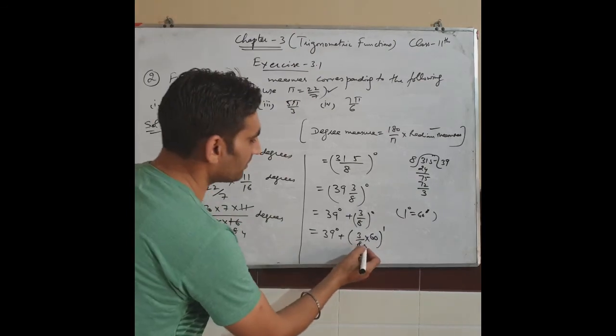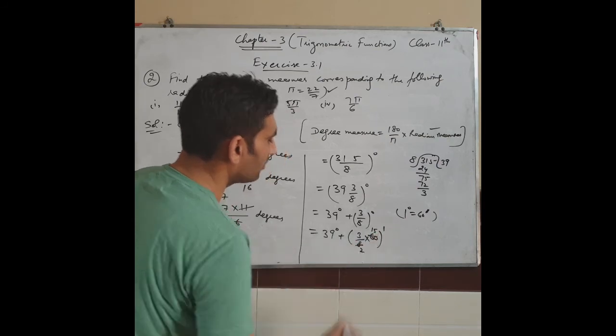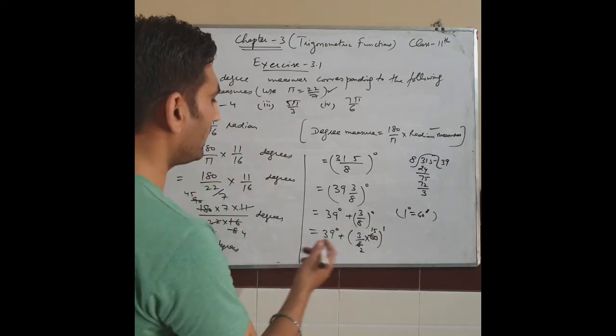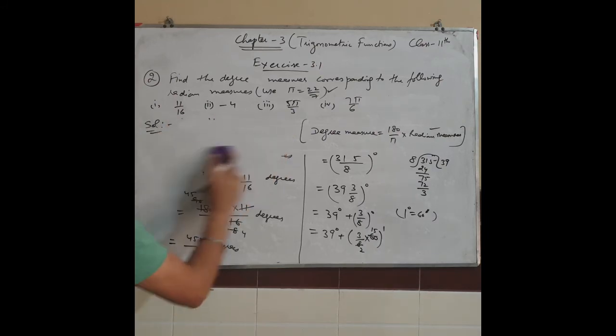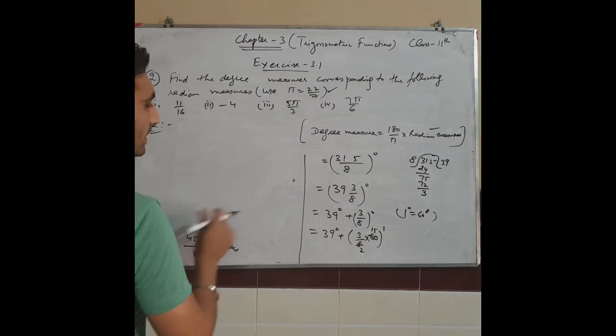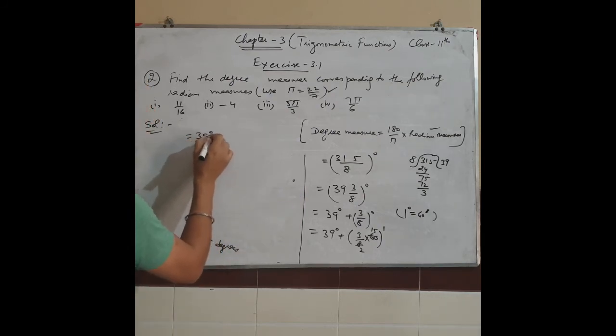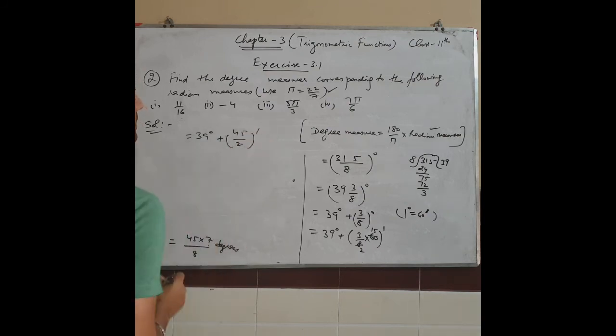And if cancellation is possible, we will cancel. 4 into 2, 8. 4 into 15, 60. So you have 45 over 2 minutes. I am going to erase this part. So we have the calculation of this as 39 degrees plus 45 over 2 minutes.